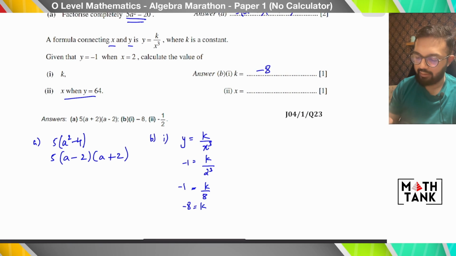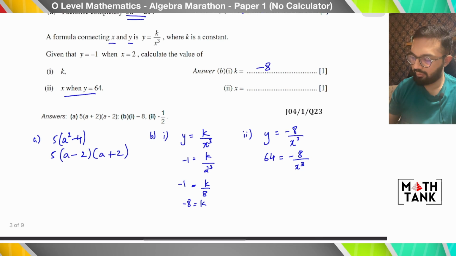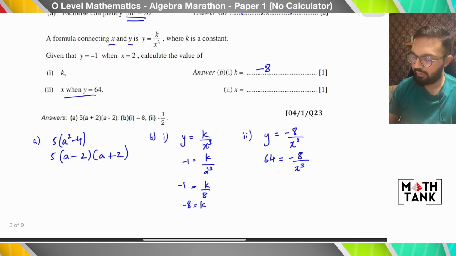Then it says find x when y equals to 64. So now I have minus 8 over x cube. I have y as 64. Okay, so if I cross multiply this, I get 64 x cube equals to minus 8, and then x cube equals to minus 8 over 64, which is 8 times 1 and 8 times 8.